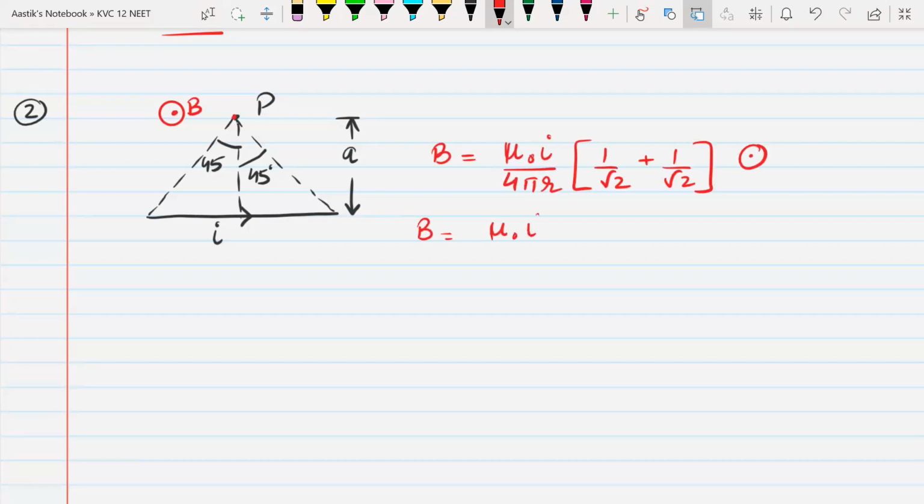Mu naught I by 4 pi r, 1 by root 2 plus 1 by root 2 becomes 2 by root 2. And the final answer would be mu naught I by 2 root 2 pi. Instead of r, I must write a because in the question it is given as a. That is the answer, my dear friends.